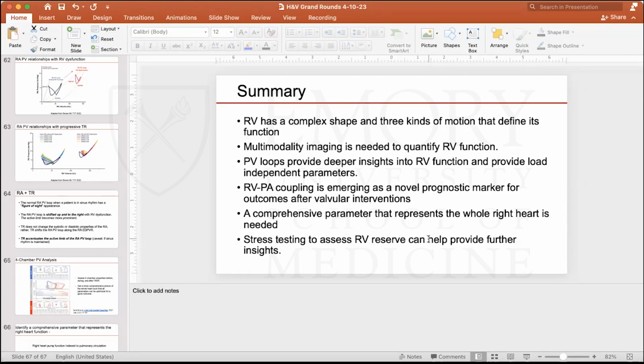You need a PA catheter or some measurement of PA pressure, but if you had PA pressure and changes in RV volume, then you could get an RV pressure volume loop without the multi-lead catheter in the PA, and potentially use devices that weren't available in 1979. And I think there's an opportunity to begin looking at that.